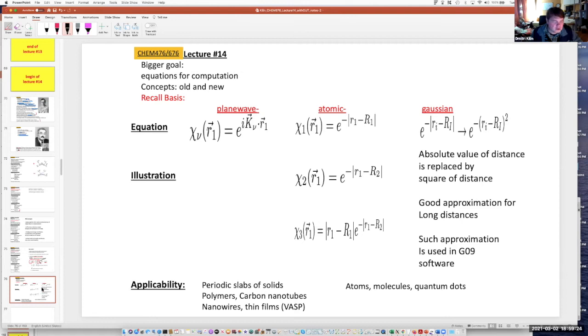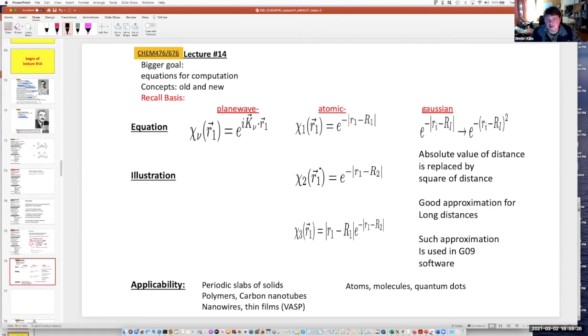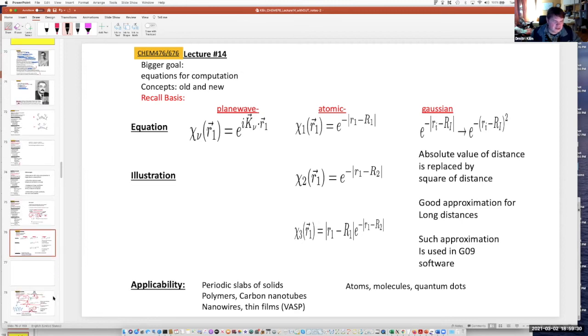If you look only in one dimension at atomic orbitals, you have the center of the atom, R1, and the position of the electron, lowercase r1. For an s orbital, the maximum is at the center of the atom, and then it exponentially decreases, right?